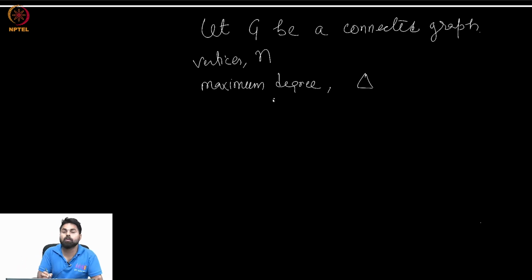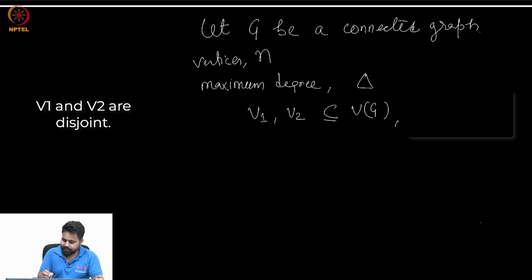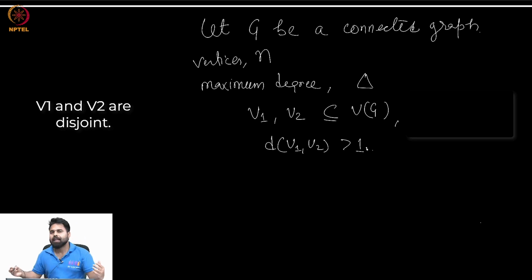And then suppose there are two subsets V1 and V2, both subsets of the vertex set of G. And one more thing is, suppose that the distance between V1 and V2 is greater than 1.